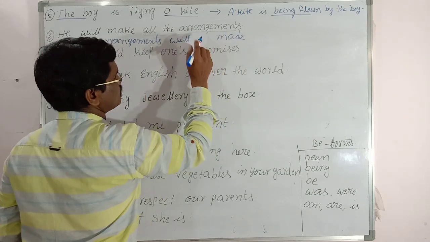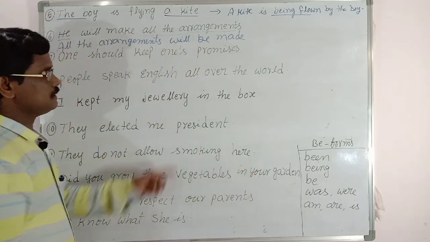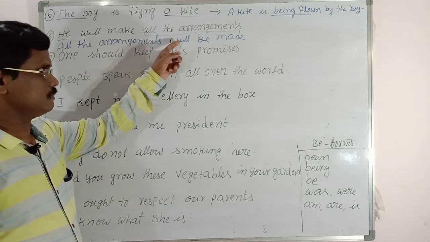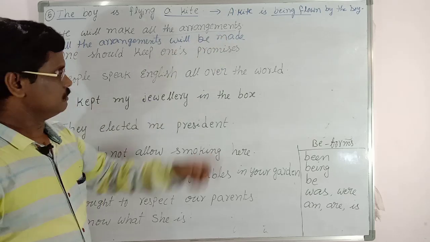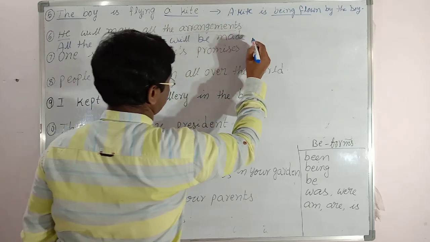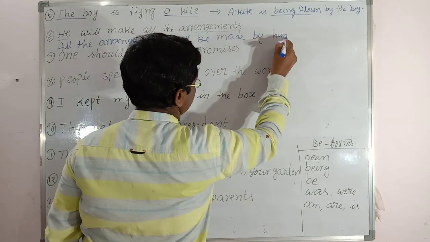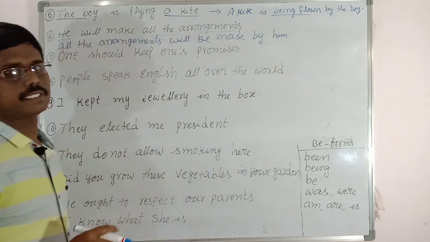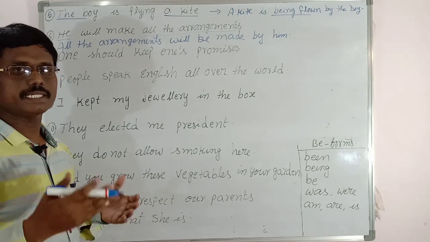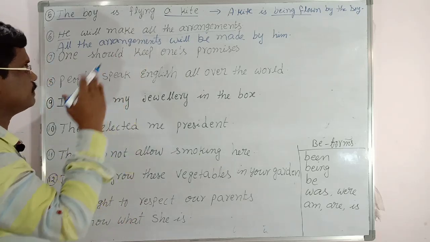Before verb 3, with a modal, we use be. Modal means we use be: will, would, shall, should, can, could. Any modal auxiliary verb, we use be. Verb 3, that means all the arrangements will be made by, he changes to him. Generally here I have written only the preposition by. Sometimes it may be in, it may be at, that depends on the verb, appropriate prepositions, but here by.